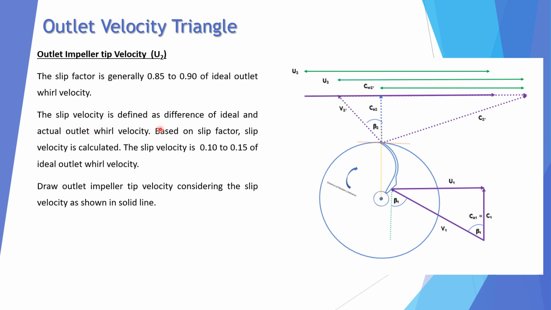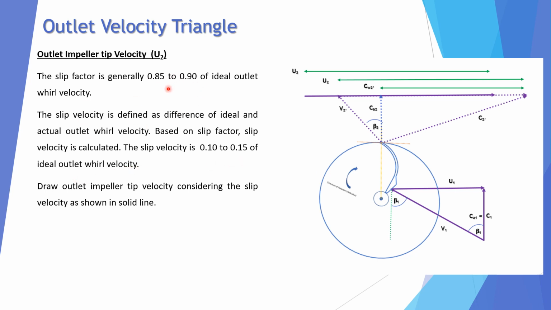So slip velocity is defined as the difference of ideal whirl velocity minus actual whirl velocity. Based on the slip factor, the slip velocity is calculated, and slip velocity is 0.10 to 0.15 of ideal outlet whirl velocity.